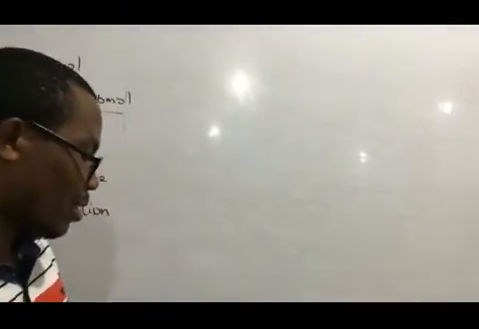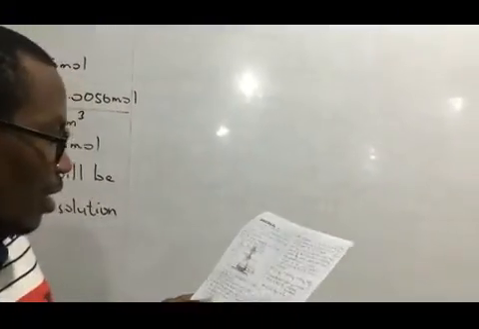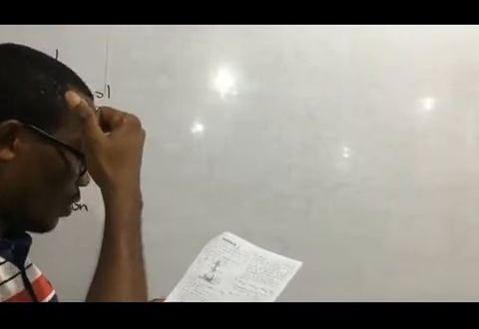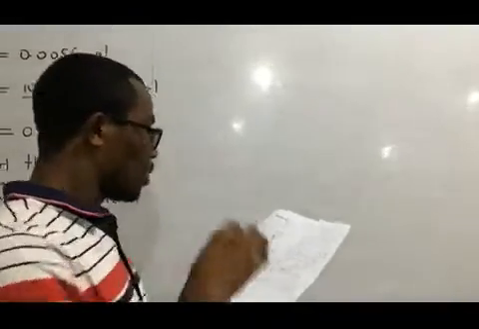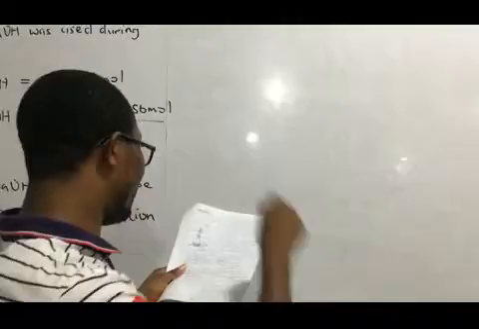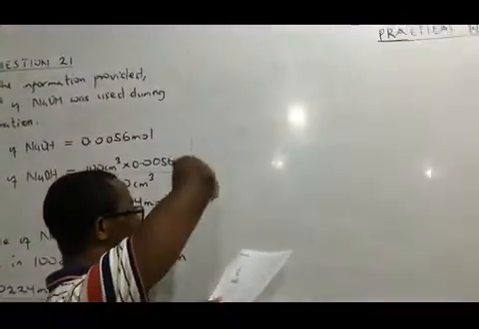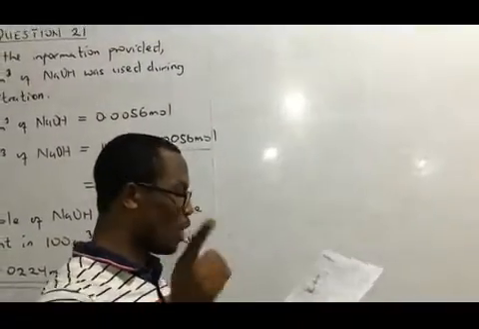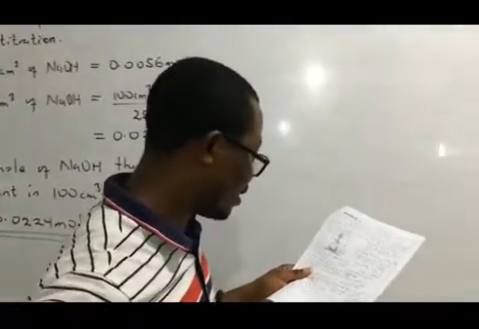So in this, you are supposed to make sure that your burette and the conical flask are firmly held in position. So that is one. And then the other thing is the tap. You have to make sure that the tap is tightly fixed, because if the tap is not tightly fixed, immediately you pour the acid in the burette, it will drain into the conical flask. So you are supposed to ensure that the tap is tightly fixed.